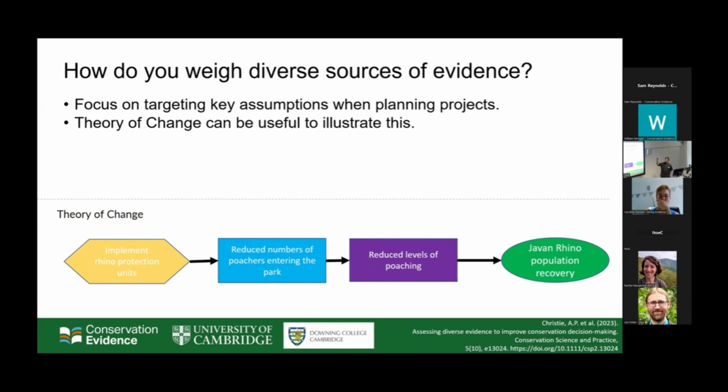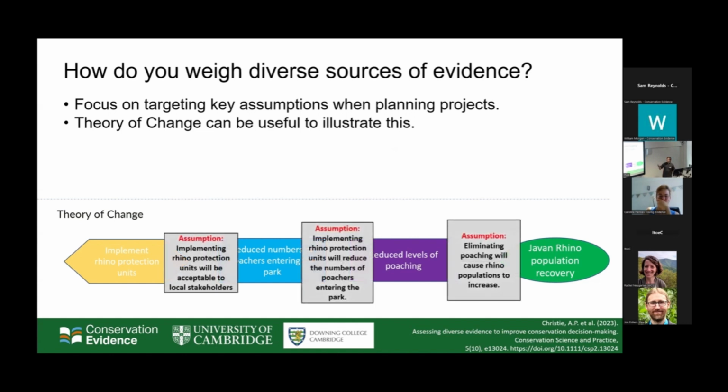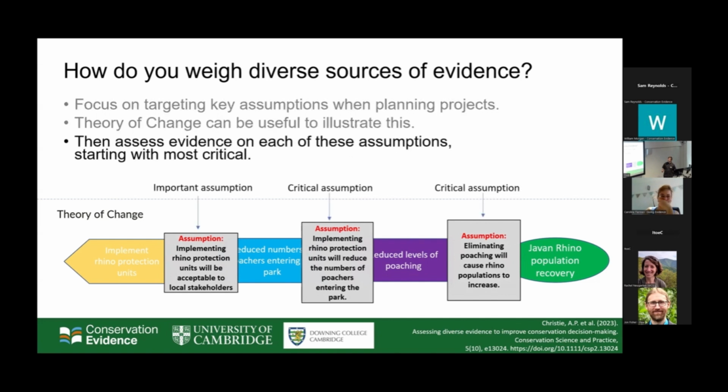But what you'll see is that in each step of your theory of change, you're making an assumption. These are the things that we should be targeting our evidence use at, assessing whether these actually are going to hold. So is your theory of change actually valid, or going to be successful?